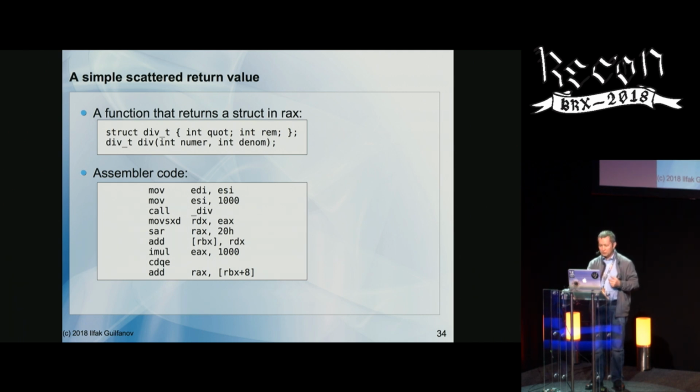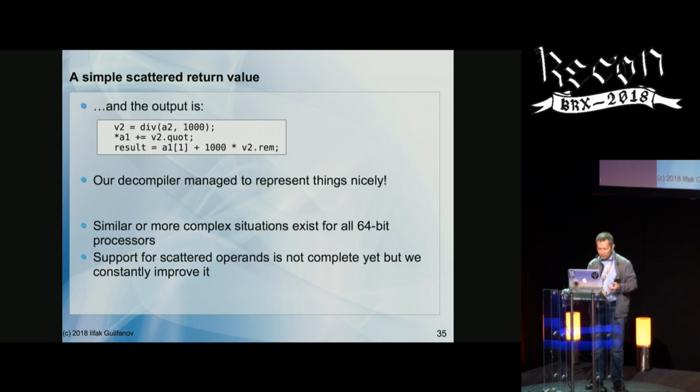That's how the processor works. And this code should be converted into something nice. We do that exactly because we can handle scattered return values, scattered operands in general. You see that we assign the return value to V2, and then V2 is a structure, and we can access separate fields of this structure in two different assignments.